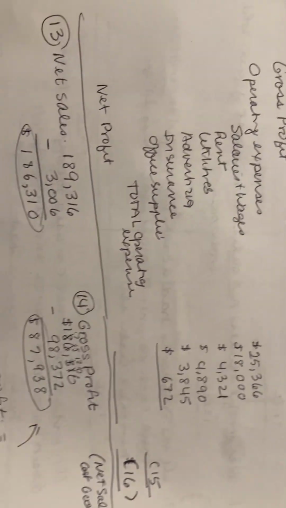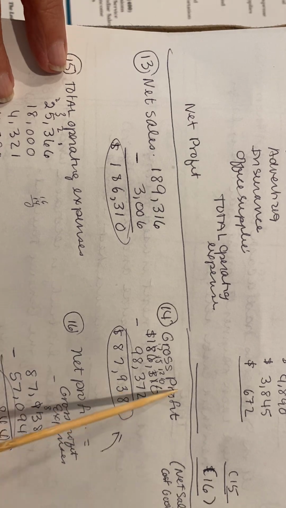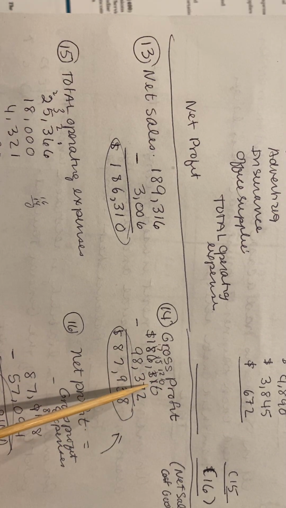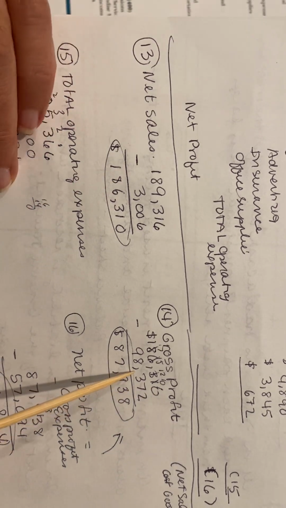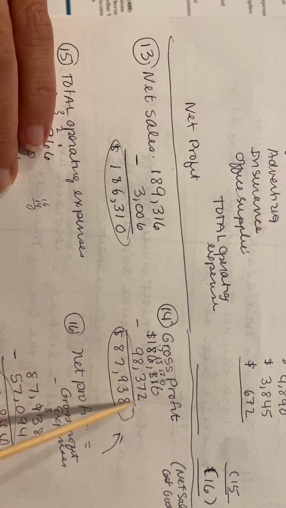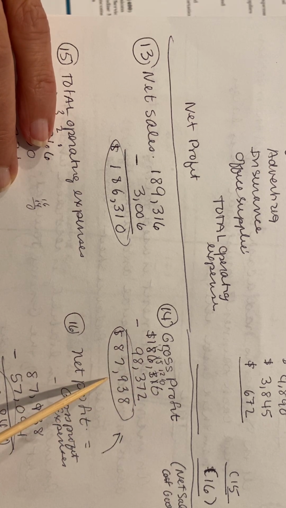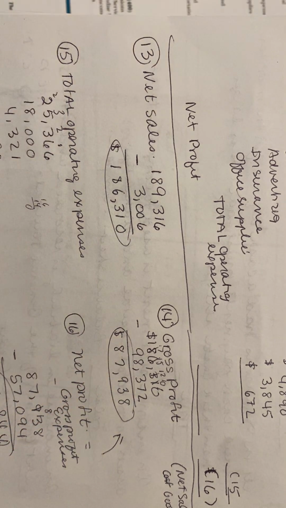So the gross profit here is basically 186,310. We got that for our net sales in number 13. And so we subtract our cost of goods sold, those things we sold, so we can find our gross profit, how much we really made, because we brought in all that money, but we paid for the cost of our goods. We bought some goods and then we sold them on retail.